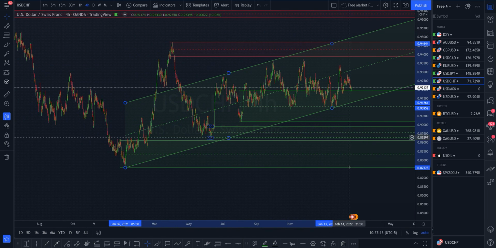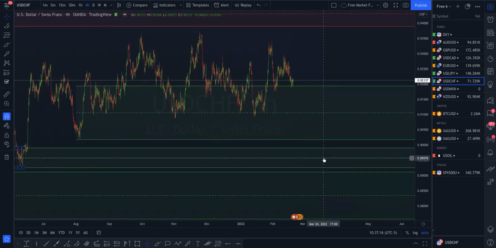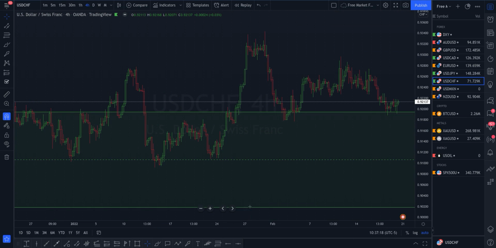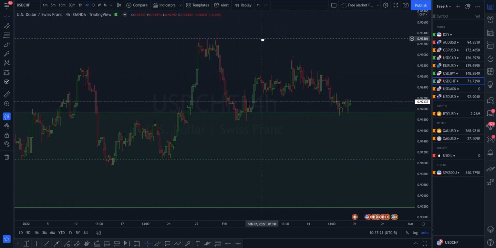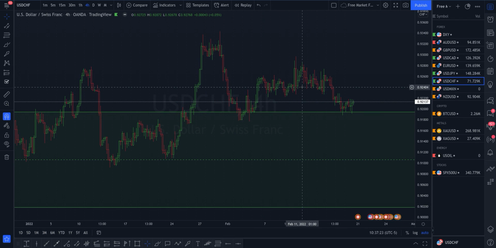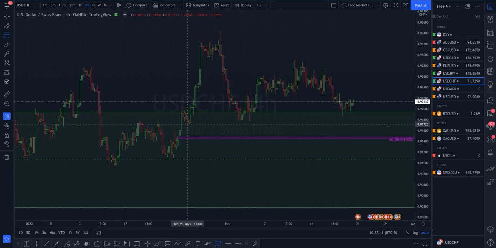So let's look for reasons as to why we will want to buy this market along with the institutions. Small, but yet imbalance. That's been mitigated. That's been mitigated. That's been mitigated.